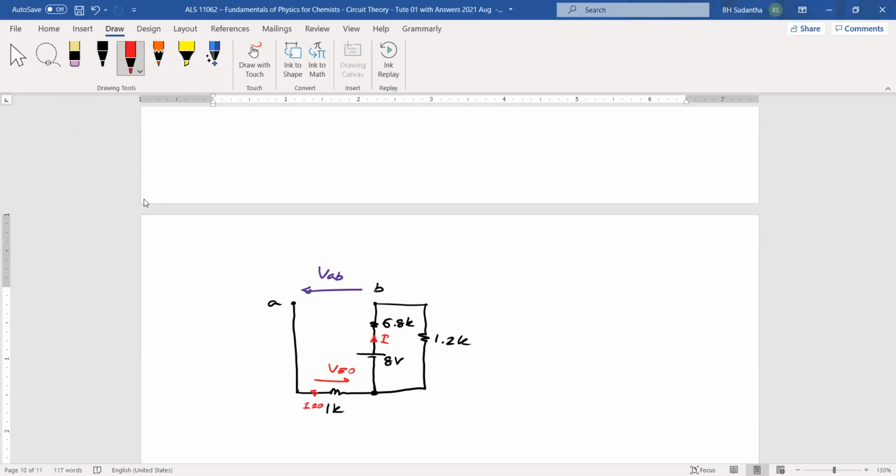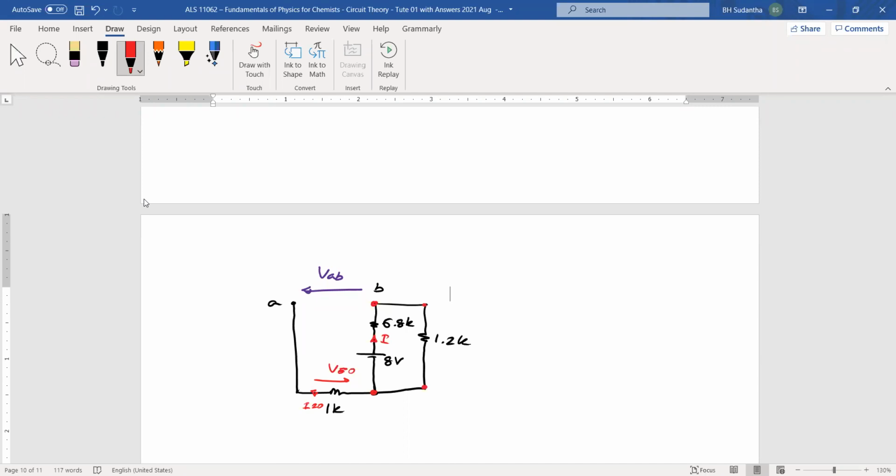And if you find the voltage across these 2 points, that is VAB. But instead of that, if you find the voltage across this 1.2K resistor, that is also VAB. Okay.